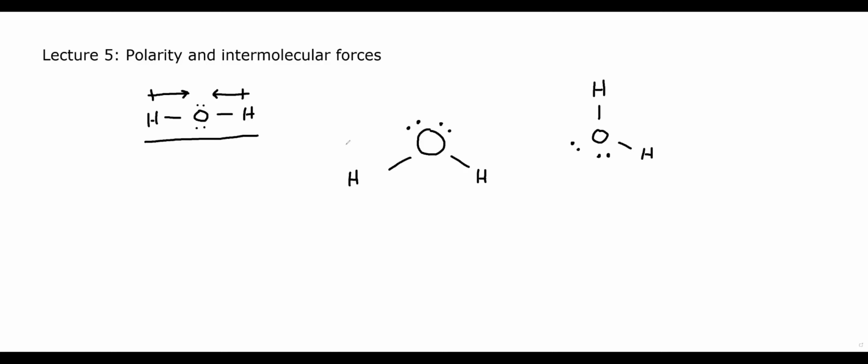However, if we consider the electron geometry, if we consider the lone pairs in addition to the hydrogens, we have tetrahedral electron geometry, because once again, we have 1, 2, 3, 4 substituents spread out around this oxygen atom, so they'll spread out in the shape of a tetrahedron.